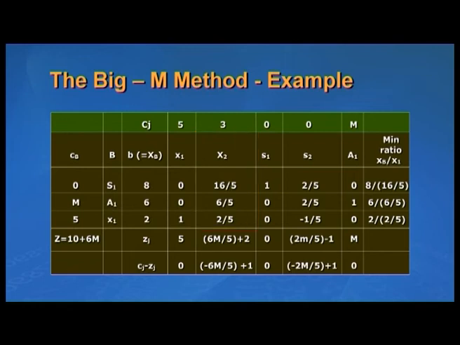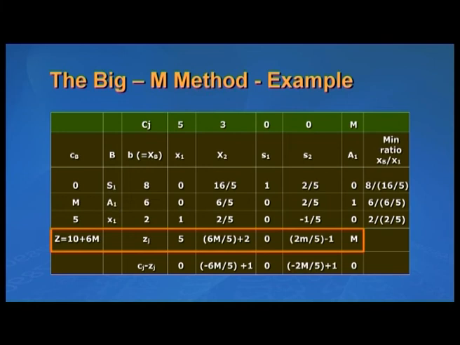The values of S1 are 1, 0 and 0. The S2 values are 2 by 5, 2 by 5 and minus 1 by 5. The values of A1 are 0, 1 and 0. The minimum ratios are 8 divided by 16 by 5, 6 divided by 6 by 5 and 2 divided by 2 by 5.